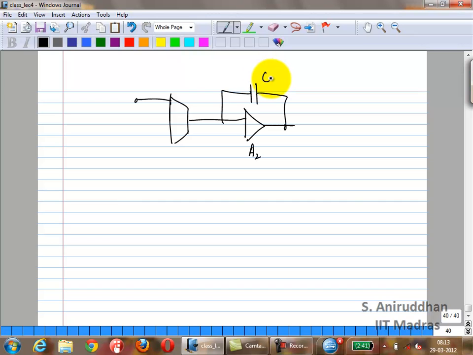Let's call this A2, this is C. I'm going to call this A2 of S in fact, because it does depend on frequency. So how would you analyze the system? Let us say you have to write the overall transfer function approximately in terms of A of S, GM1 and so on.